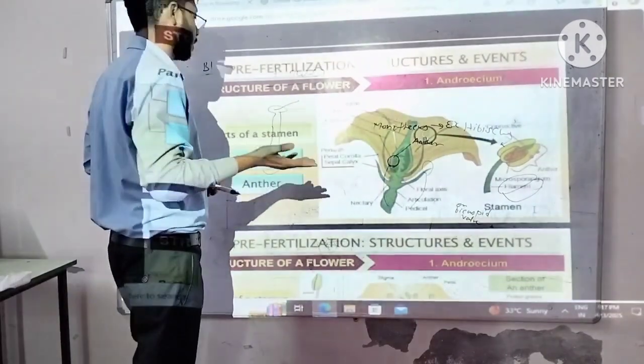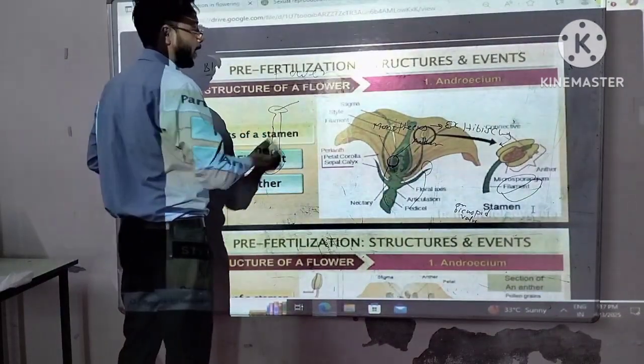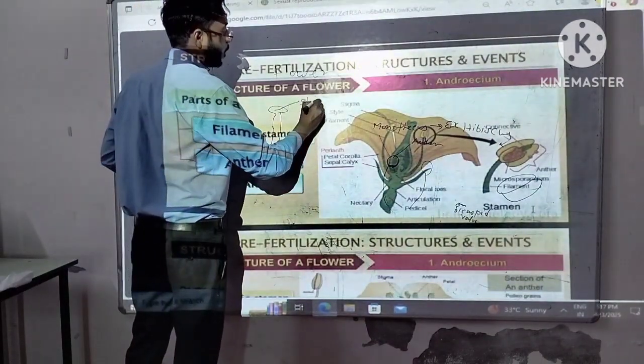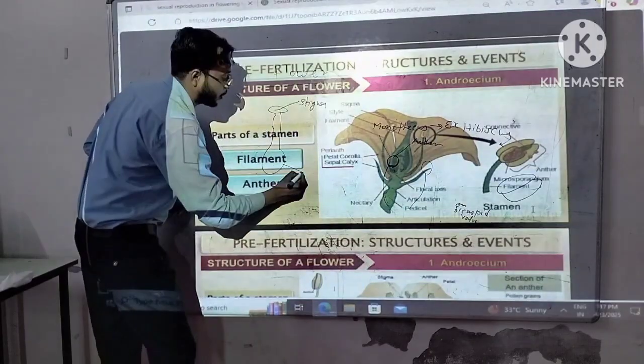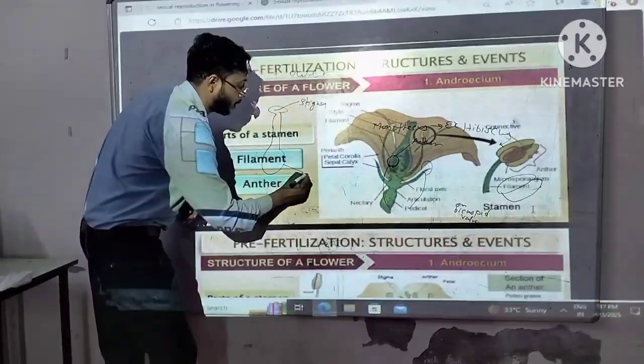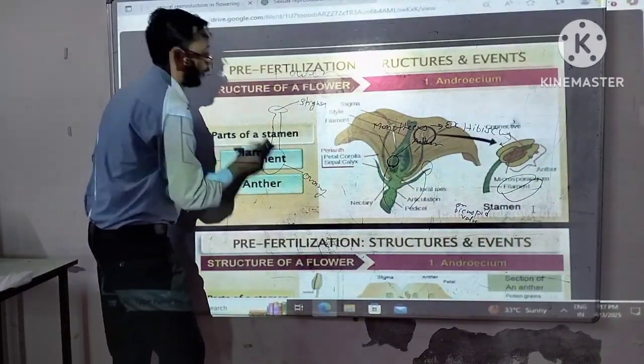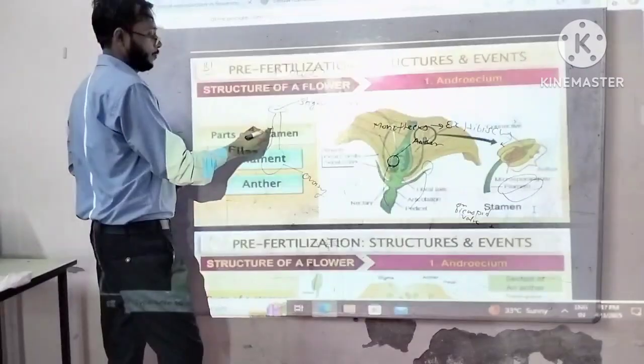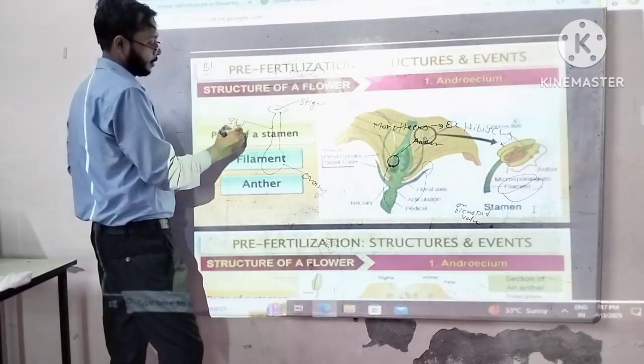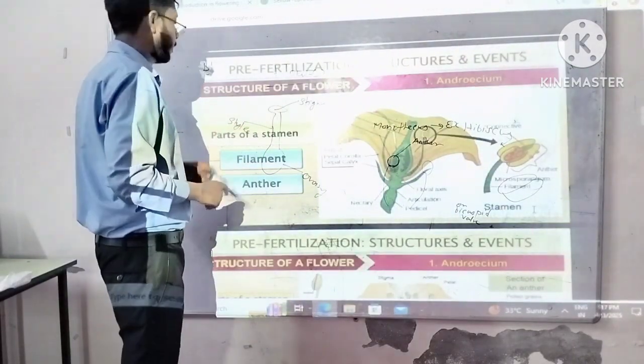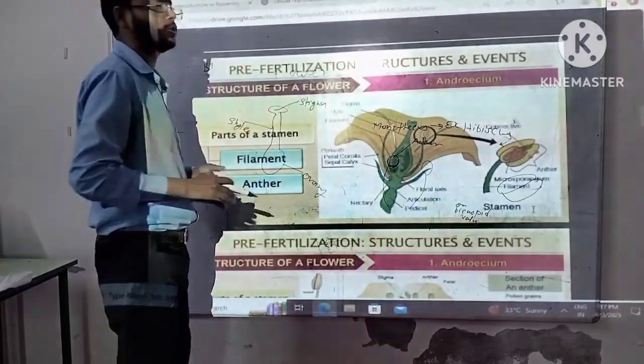Pistil has three parts. The upper part, which is flat, is known as the stigma, the lower swollen part is known as the ovary, and between them the tube-like structure is known as the style. These are the three parts of the pistil.